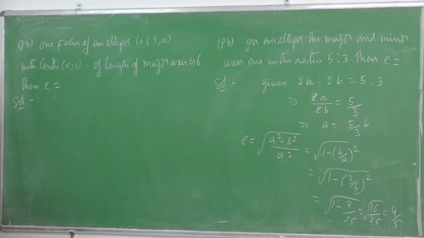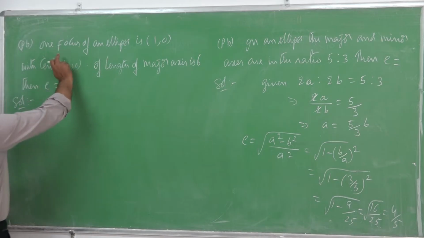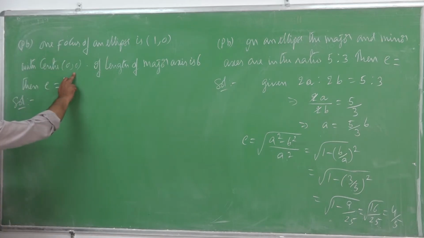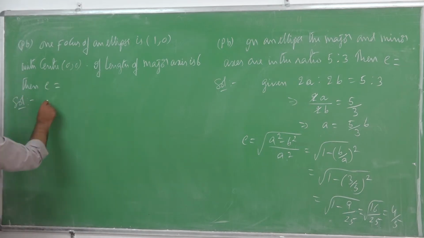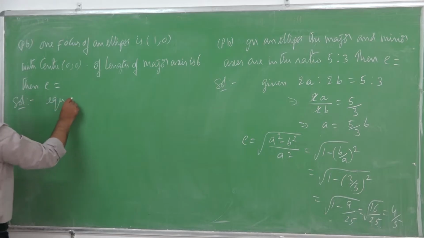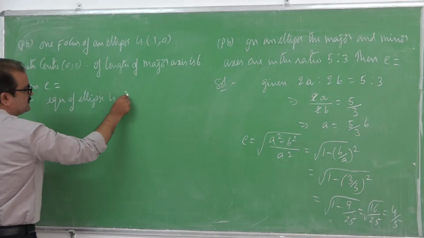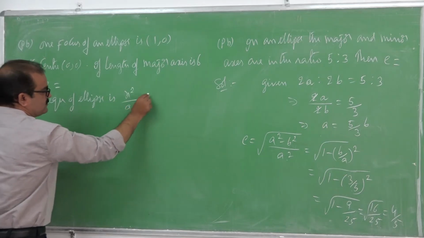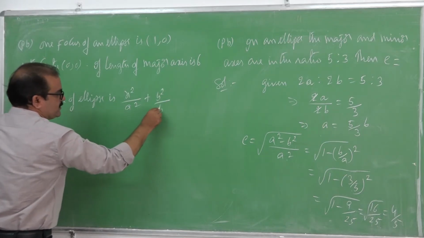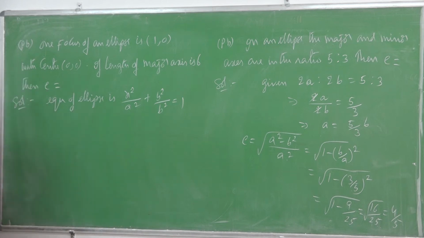What is given here? Ellipse with center (0, 0). If the ellipse is with center (0, 0), then equation of the ellipse is in standard form. Equation of the ellipse is x square by a square plus y square by b square is equal to 1.